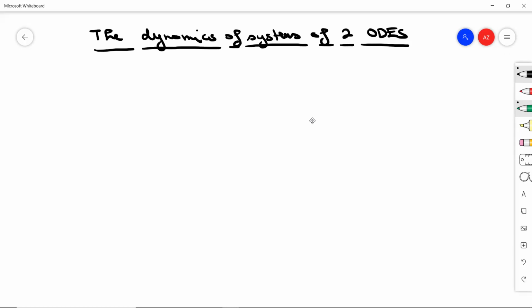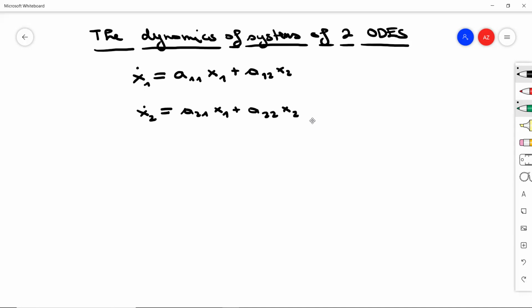Our system is x1 dot is equal to a11 x1 plus a12 x2, and then x2 dot is a21 x1 plus a22 x2. So it's an autonomous system. So here a11, a12, a21, and a22 are real numbers.